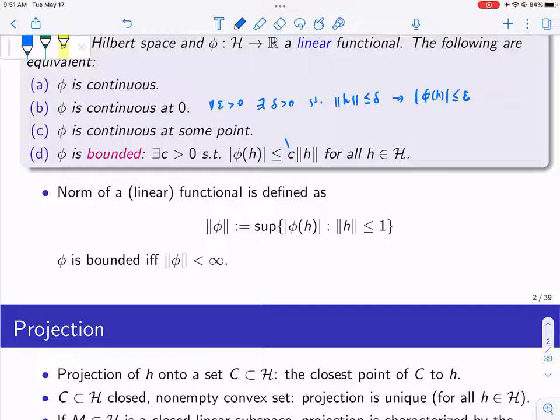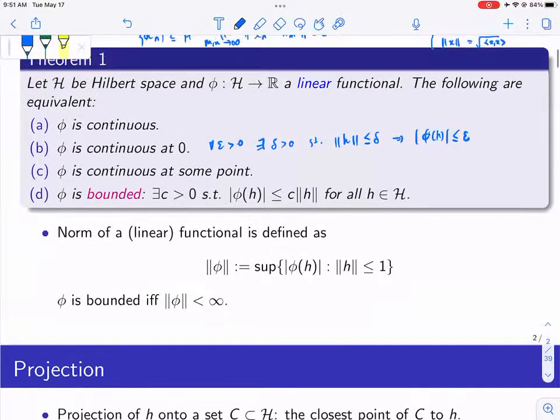I can just restrict here to all the h whose norm is bounded by 1, because phi is linear, so scalar multiplication comes out. So a linear functional is bounded if and only if its norm is finite, and in that case, it's also continuous. So continuity and boundedness are the same. Any questions? All good, online people.